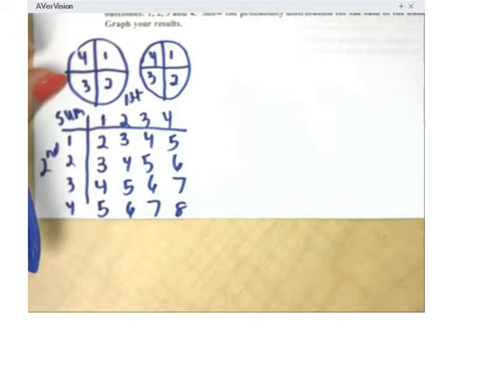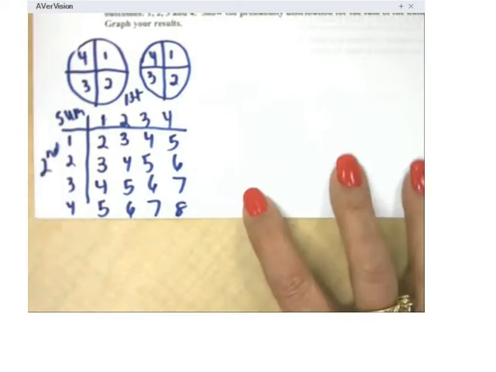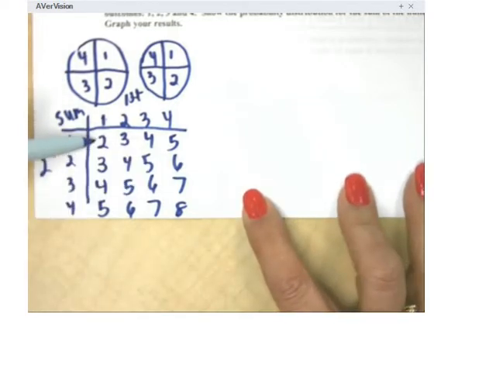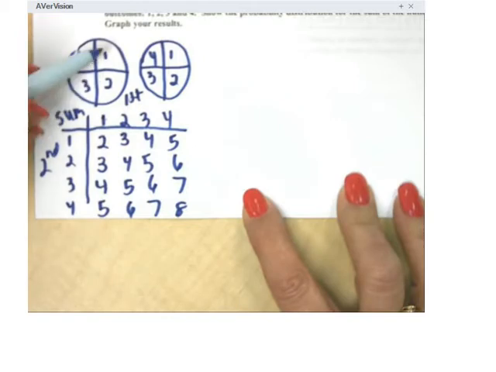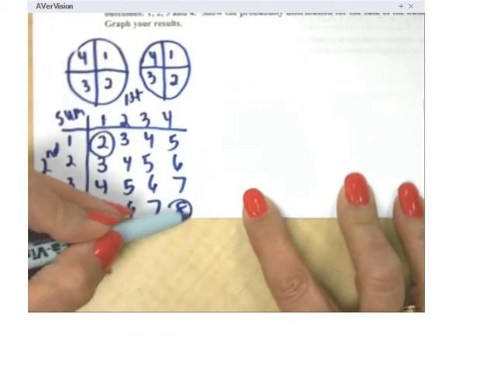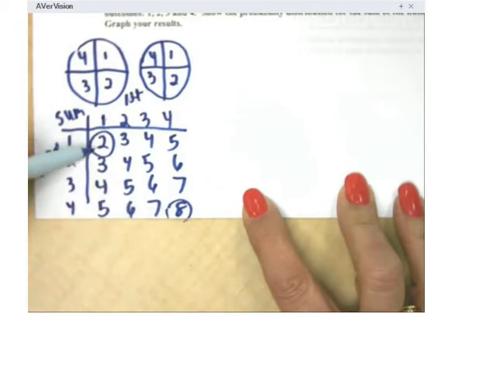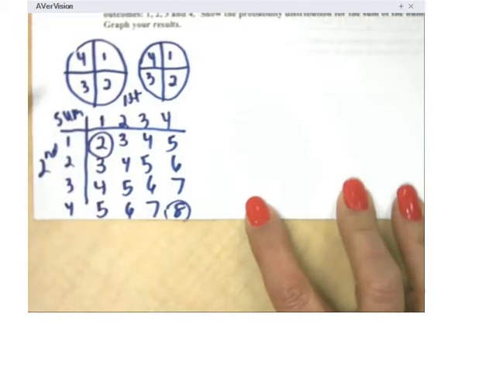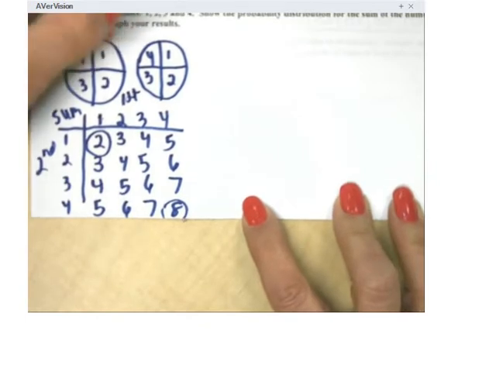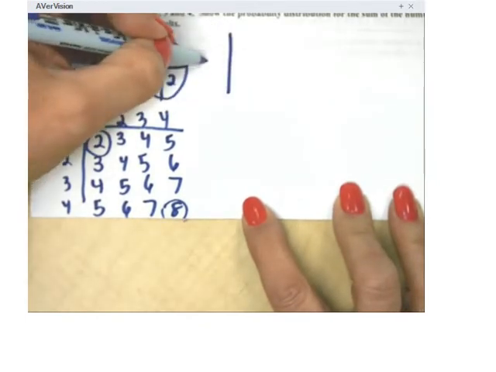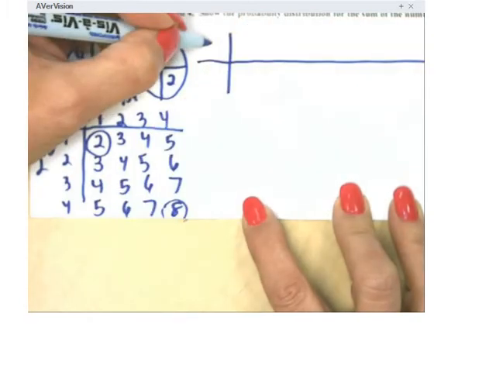So if I spin two spinners, those are the only different spins. The smallest sum I can get is 2, and the highest is 8. But I can see they're not equally likely. I have 4 times 4, so I have 16 different cells here. So when I spin a sum of 2, that is the same likelihood as a sum of 8. Both of them come up 1 time out of 16. So if I'm going to show my probability distribution, I will show all the different ways that my situation can come out.